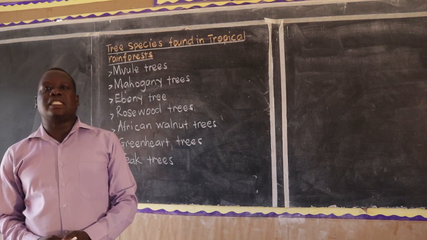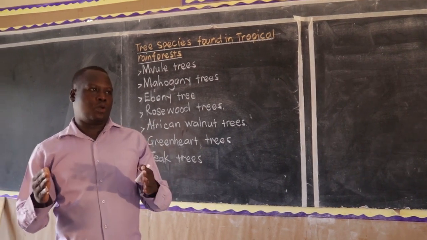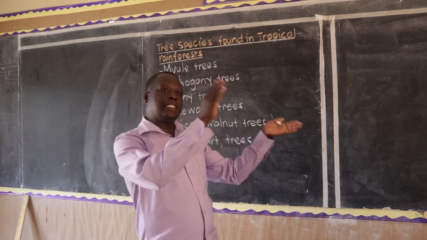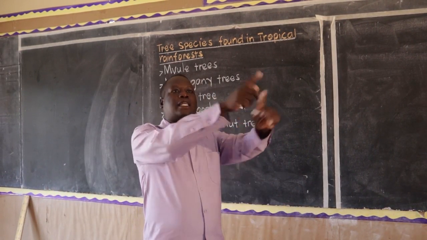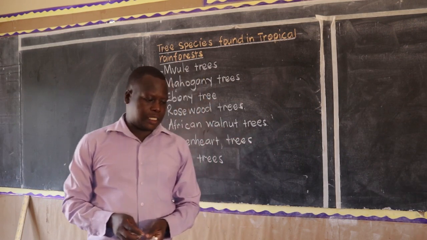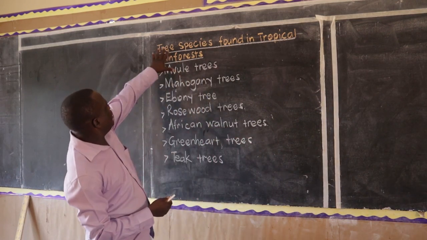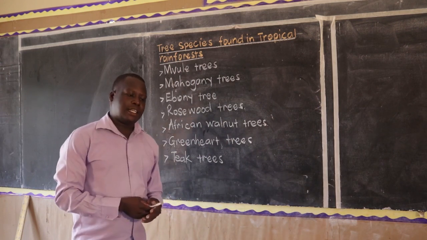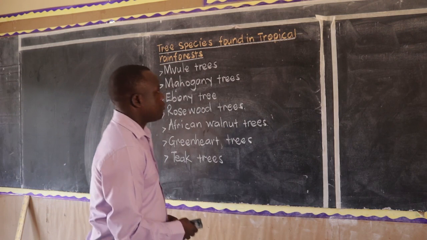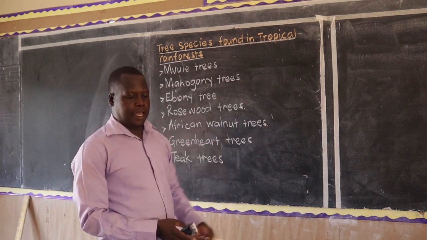What activities can these people do from these forests? There are those that can be done inside, then there are those that can be done by people who are living around those forests. So, having written this, let's look at the economic activities that people can carry out there.